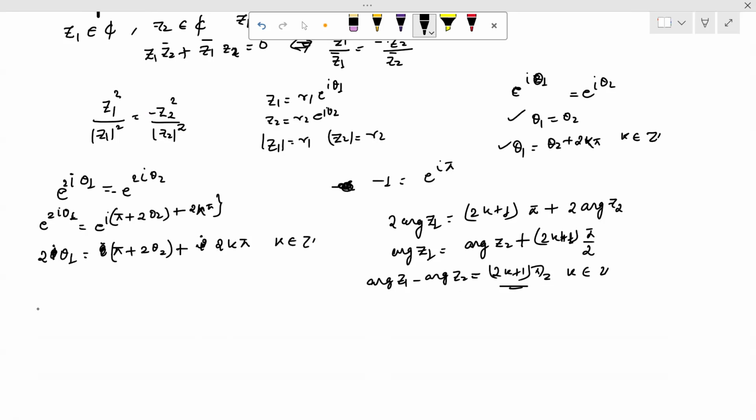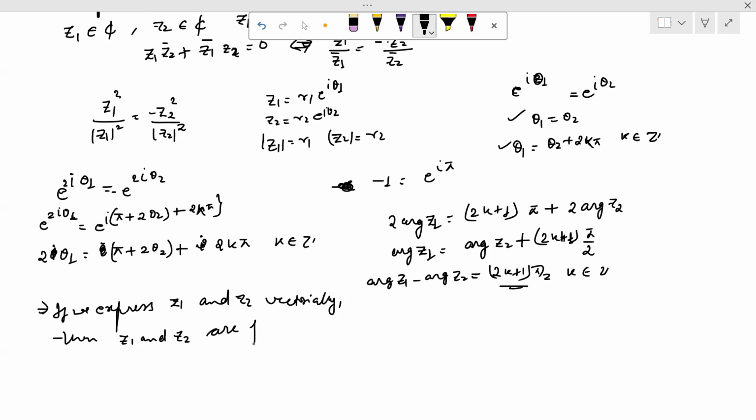So here you can say that if we express z1 and z2 vectorially, then z1 and z2 are perpendicular to each other.